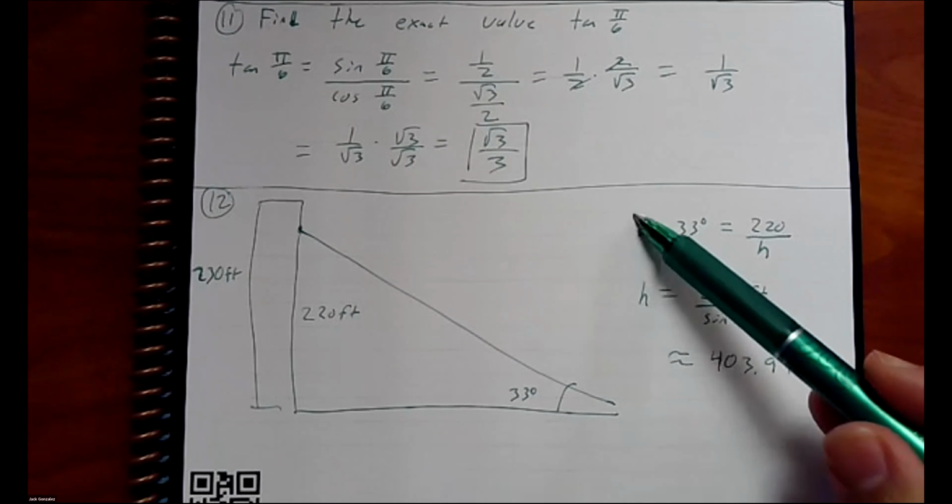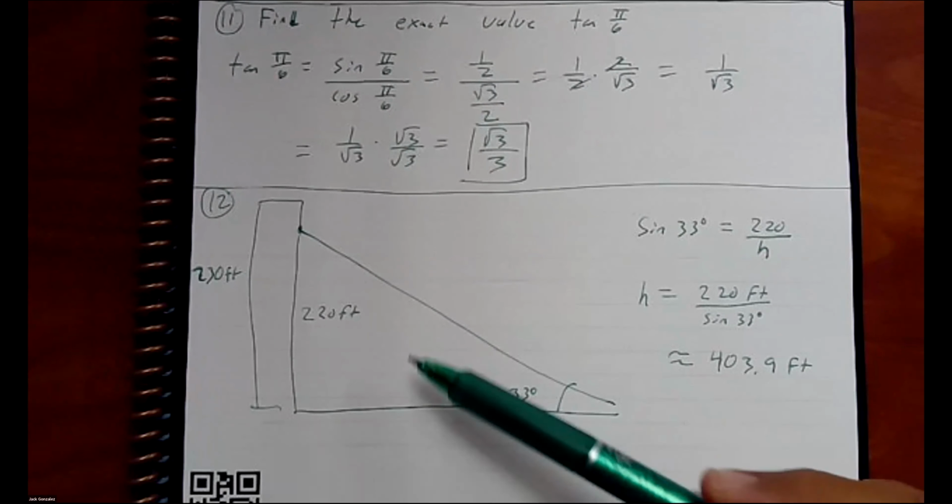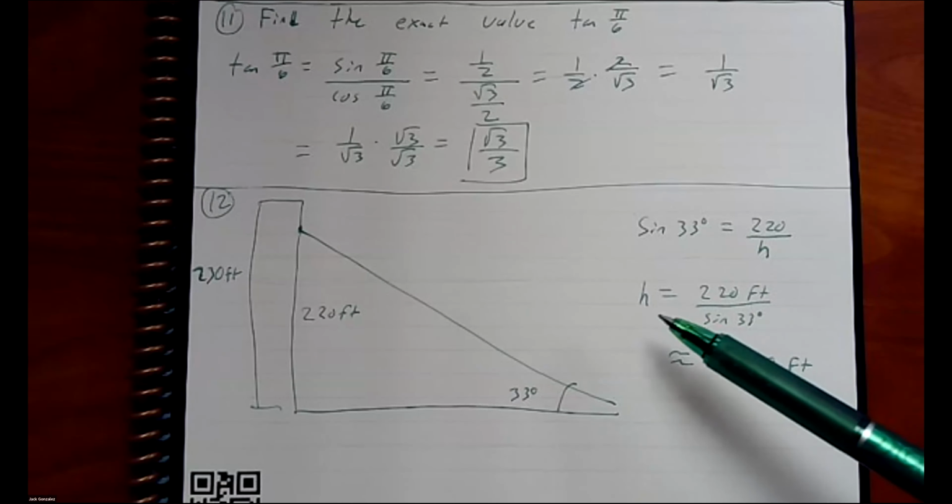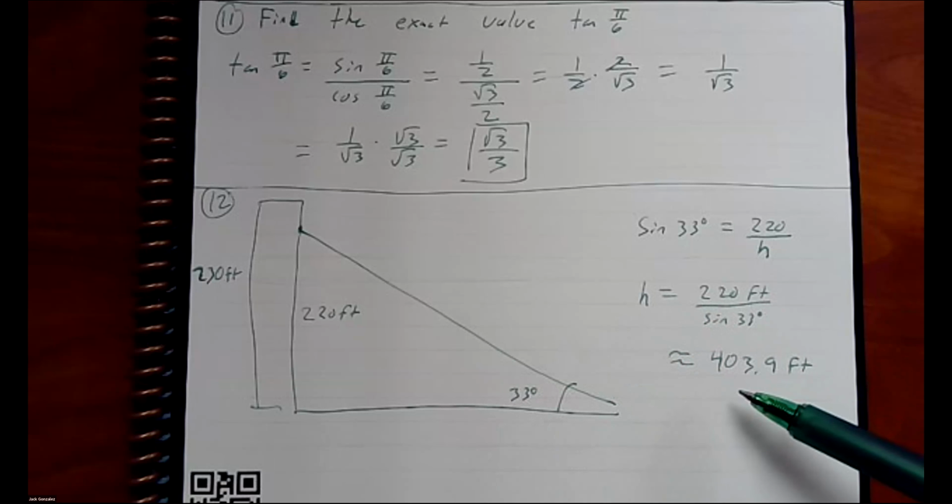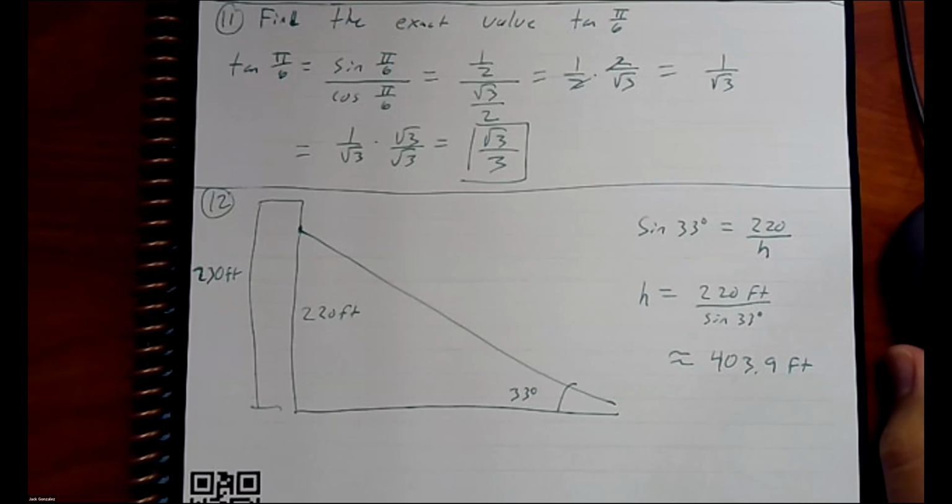I did some algebra to get from here to here. Are there any questions about the setup, how we got to H, and so on? That makes sense. I had a question.